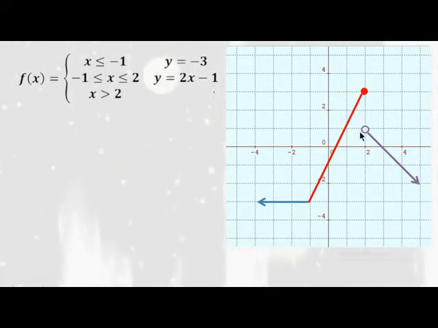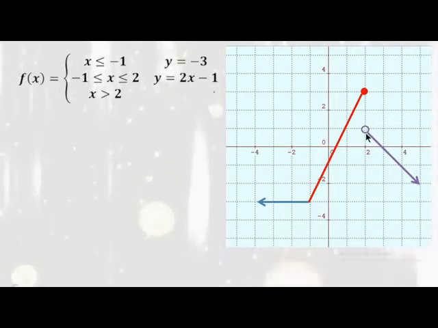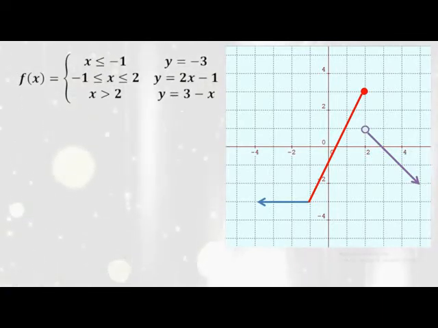Since this is an empty dot, we don't use equal here, only greater than. If it is a filled dot, we use equal. If it is an empty dot, we don't use equal. And the equation is y equal to 3 minus x. You also use the same formula.